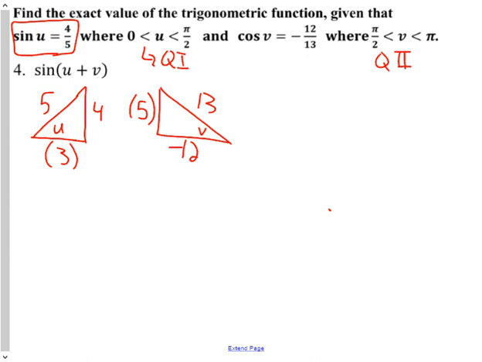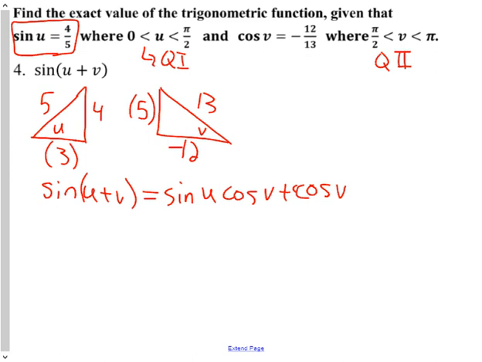So now that we know these two triangles, we're going to rewrite sine of u plus v equals sine u cos v plus, sorry, cos u sine v. That's it backwards. From our sheet, and now we have two of the three.